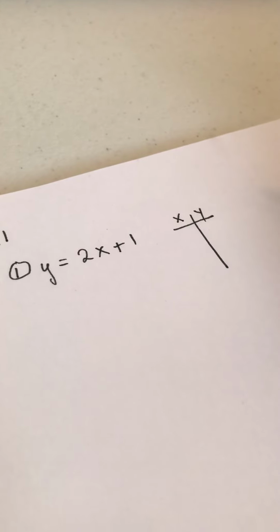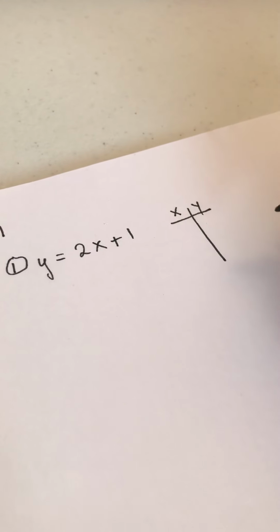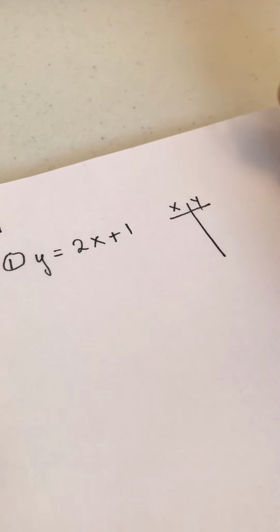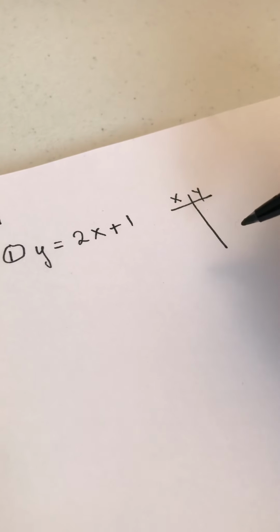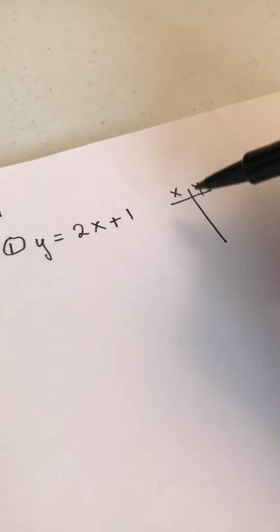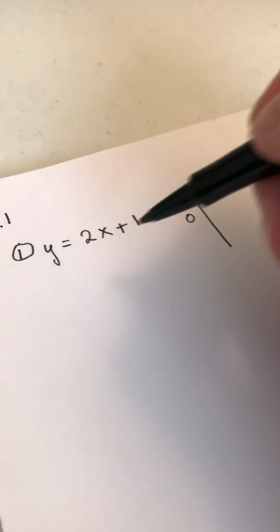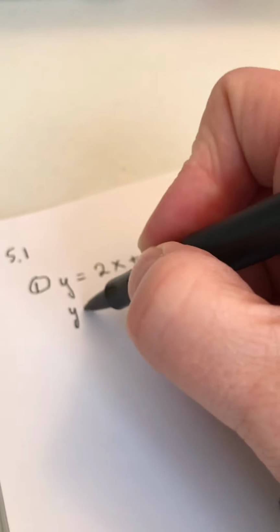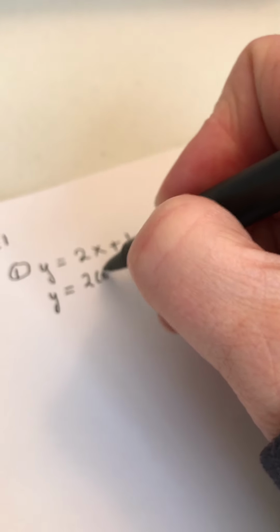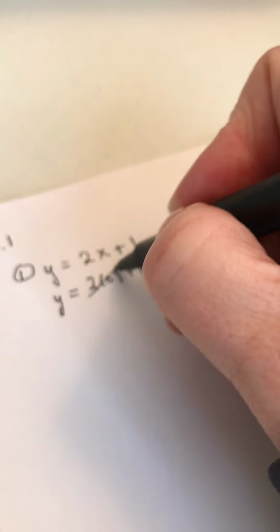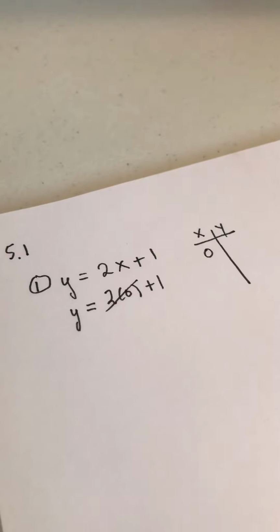And we're going to plot a couple of points now. Which x values you plug in here is up to you. I always like to plug in 0 because then this gets wiped out.